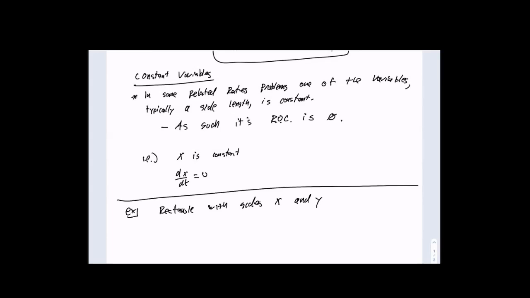When they tell you the variables, use those variables. I know my formula says L and H, but you should use the variables that are listed, because they might explicitly ask you for dx/dt, especially on a multiple choice. A rectangle with sides x and y, with x equals 5 inches and y equals 3 inches.